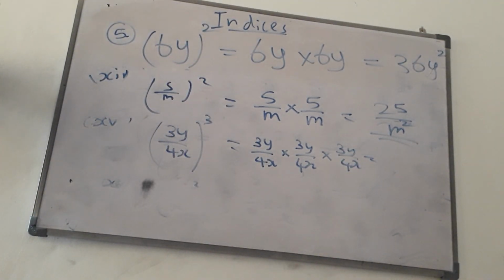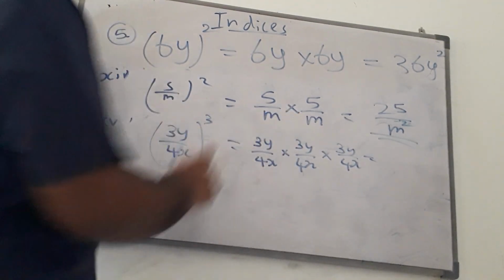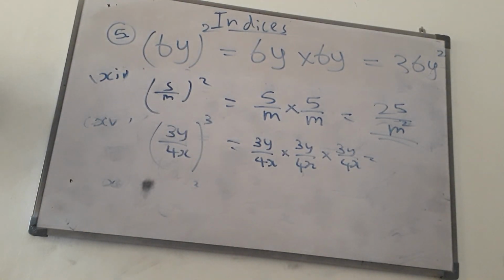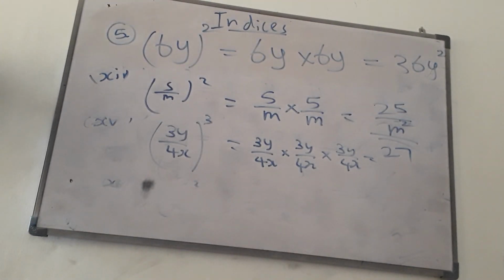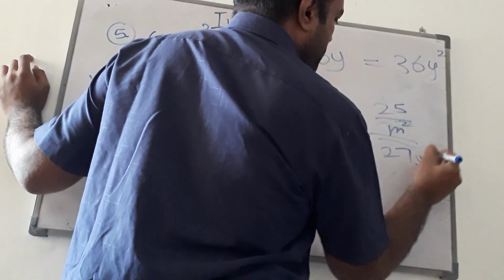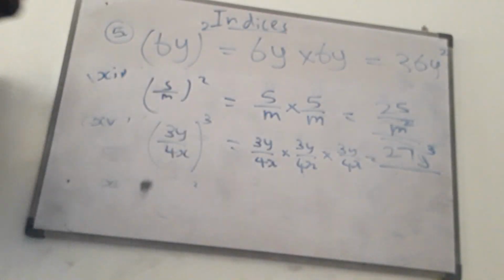I am going to multiply 3 by itself 3 times. 3 times 3 means 3 squared, 3 squared times 3 means 3 cubed, which means 27: 3 times 3 is 9, 9 times 3 is 27. y by itself 3 times means y cubed, y to the power 3.